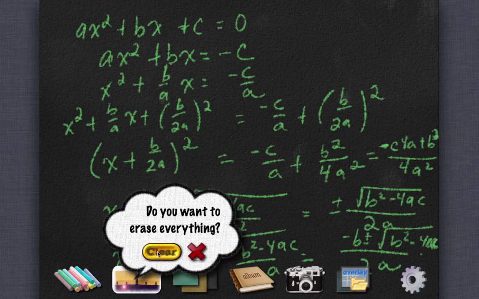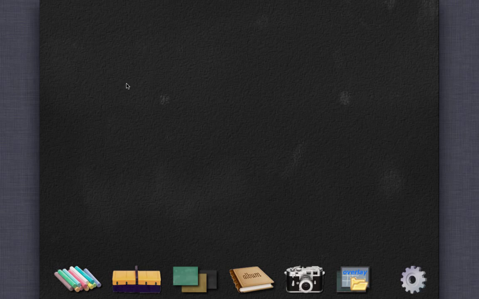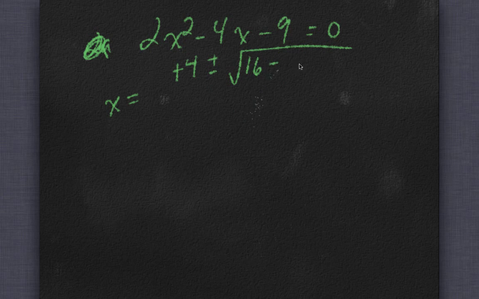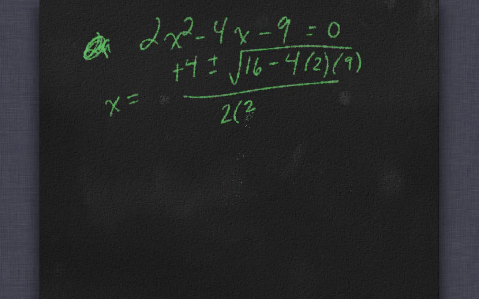One, it gives us a way to solve crazy quadratics. I can just say x equals negative b, so negative and negative 4, plus or minus the square root of b squared minus 4 times a times c all over 2a.